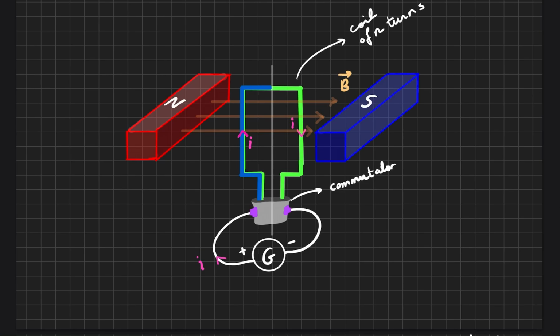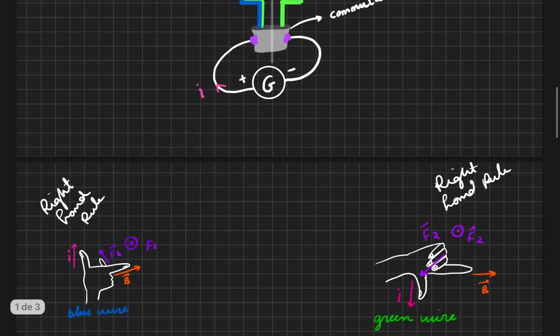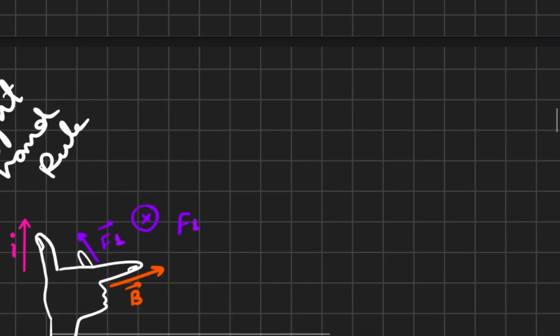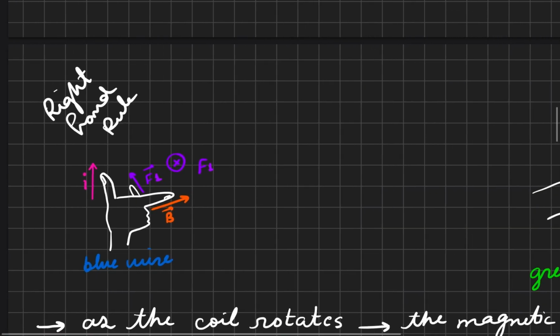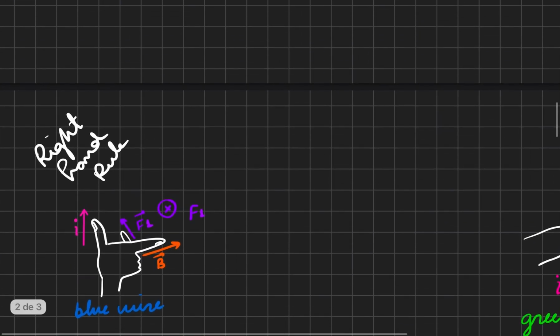Now let's study the direction of the magnetic force in this blue wire. So here, this is the right-hand rule. If B is oriented to this direction, and the current I is going upwards, we know that the force F would be inward, and we represent it by this X here, meaning that it's going into the screen.